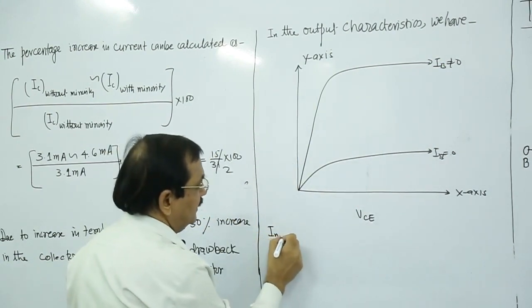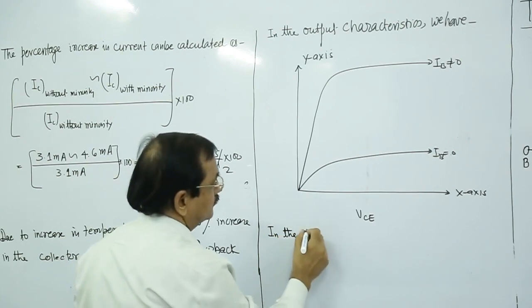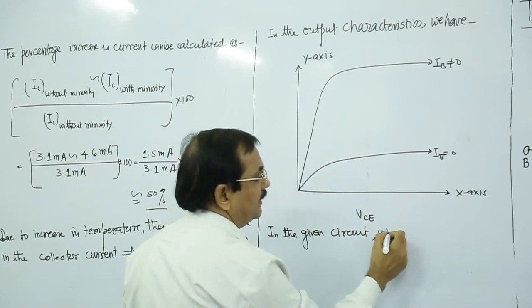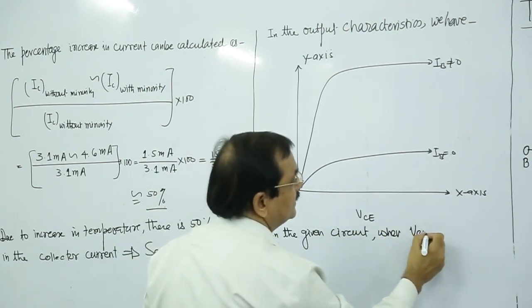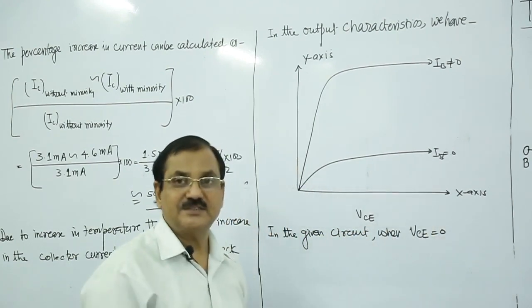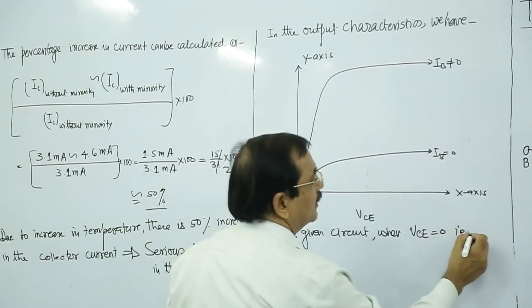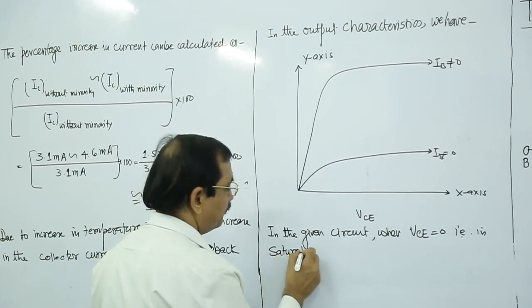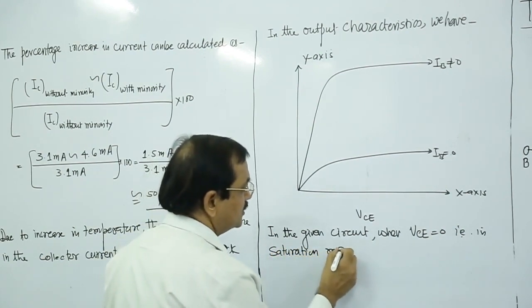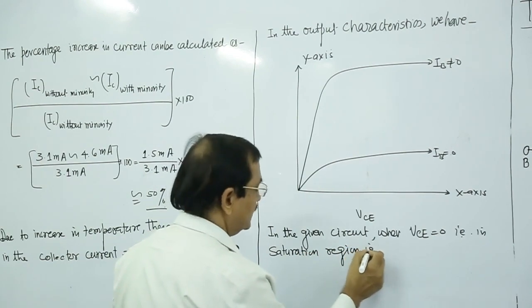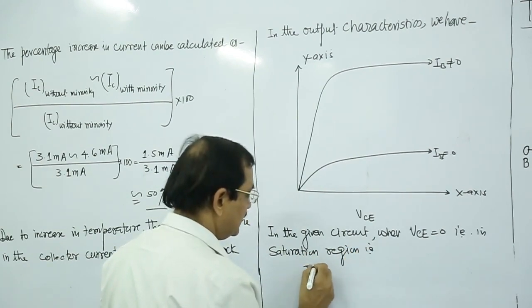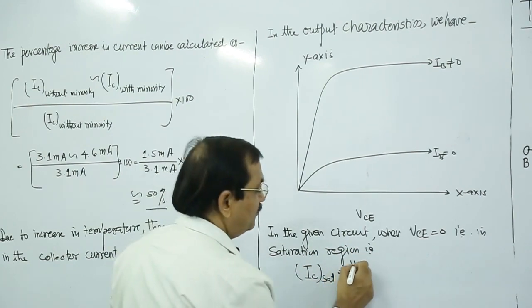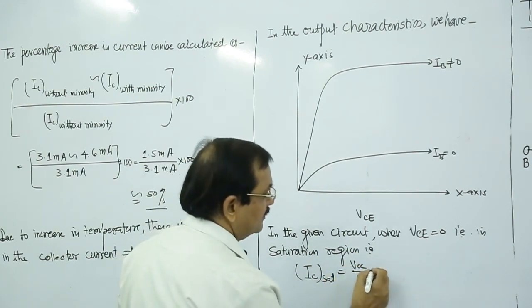In the given circuit, when VCE is equal to 0, that is in the saturation region, IC sat is equal to VCC upon RC.